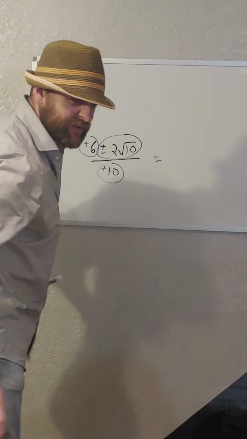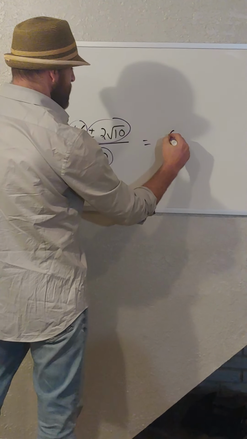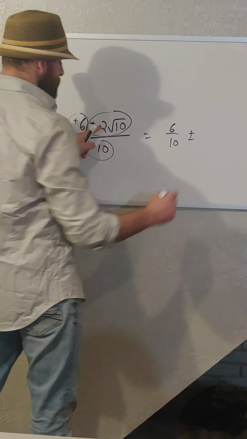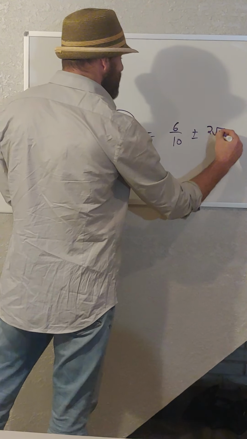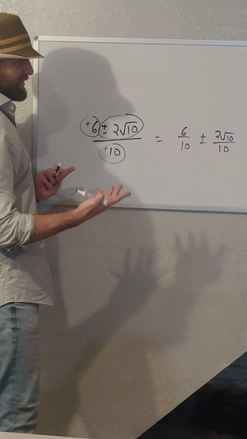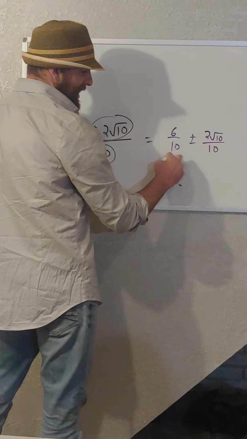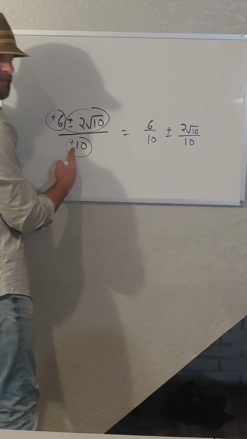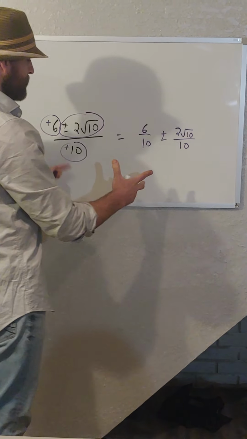And the last way you could do this is you could say 6 over 10 plus or minus 2 square root of 10 over 10. If you think about it, if they have the same denominator, when you add or subtract, you always get the same denominator. So that's why that rule works.